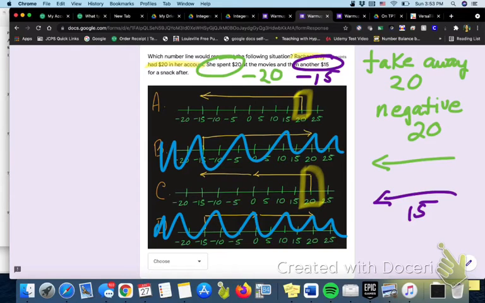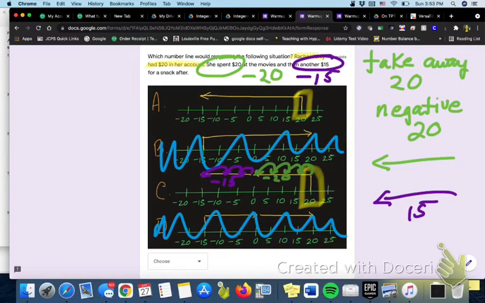You can see it starts at 20 and then it went to the left, and we went 5, 10, 15, $20 to the left, which is represented by that first arrow at negative 20. And then once we got there, we went another 5, 10, 15, so another 15 to the left.